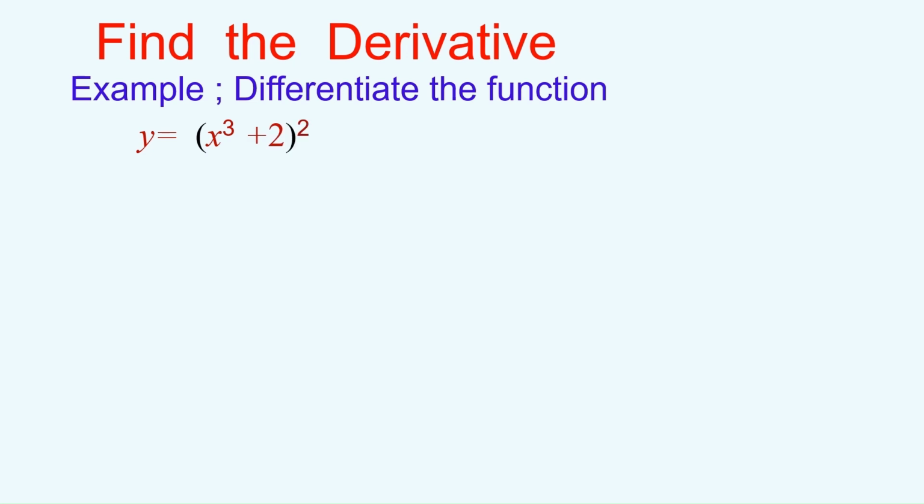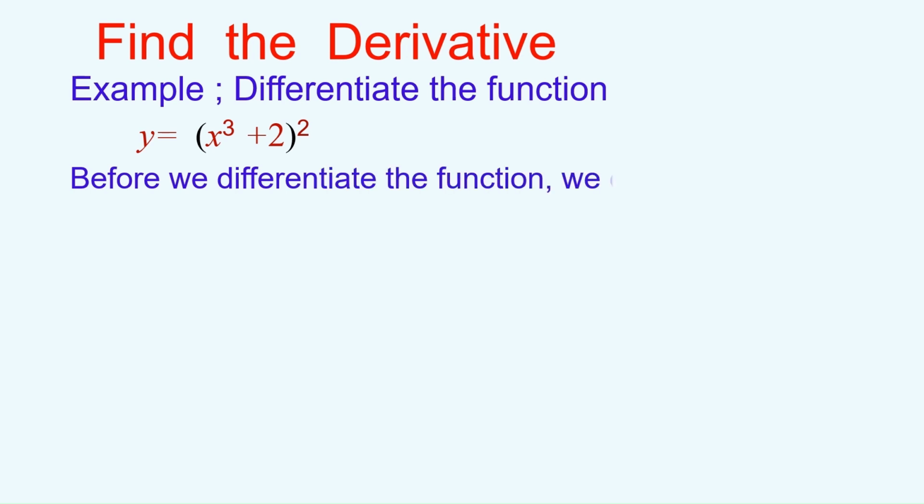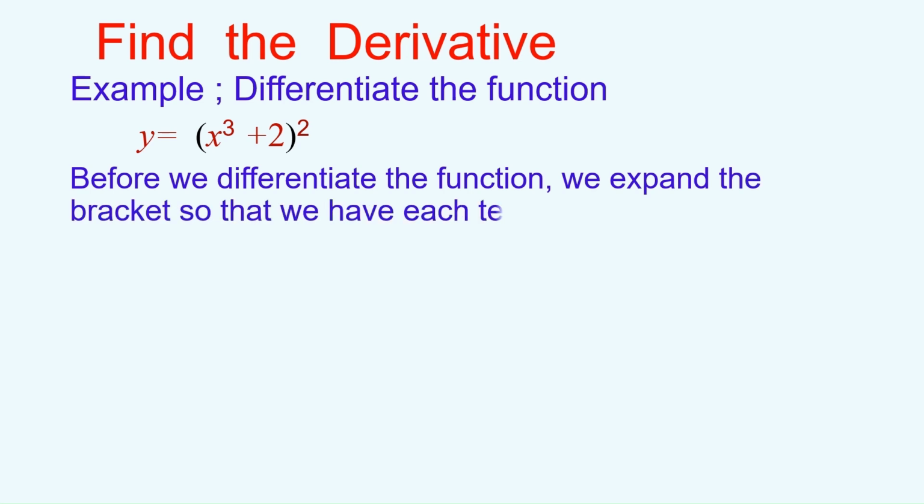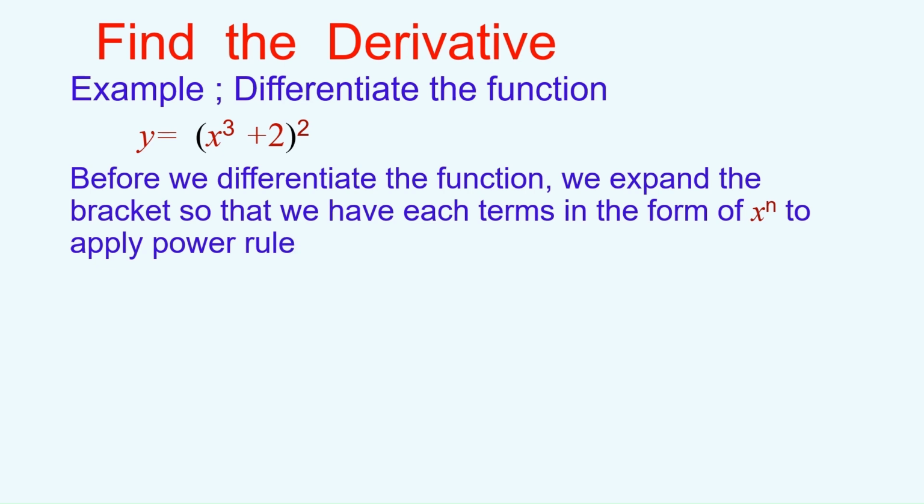Example: differentiate the function y equals (x cubed plus 2) whole squared. Before we differentiate the function, we expand the bracket so that we have each term in the form of x to the power of n.